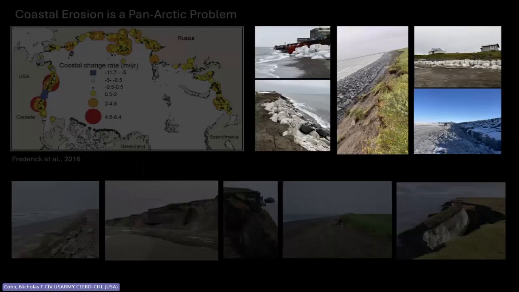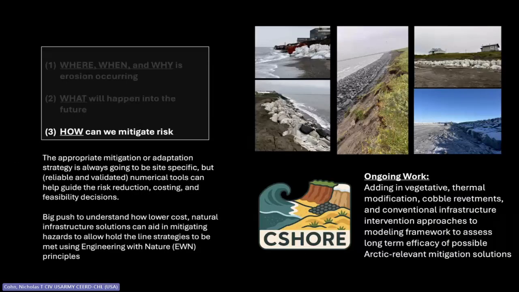So, I think before this talk, you probably already knew the coastal risk issue along Arctic coasts. I've talked a little bit about the tools starting to be used for predicting how that erosion might evolve with time, but it's really this big question about how we mitigate risk that's driven a lot of these questions. So there are lots of things we're currently working on adding into SEASHORE.